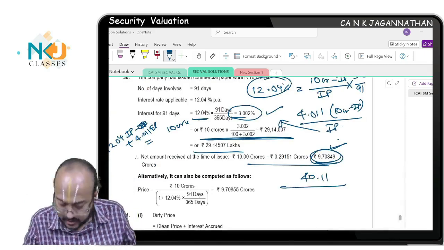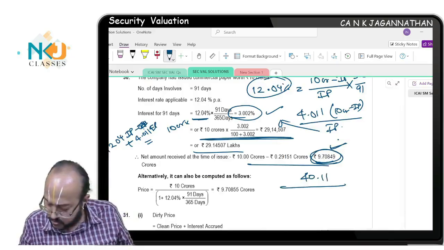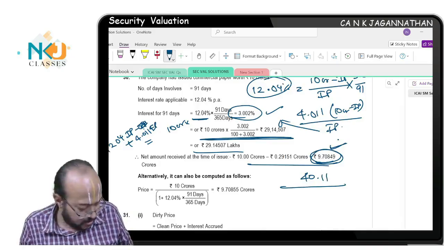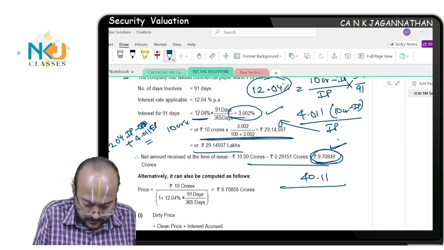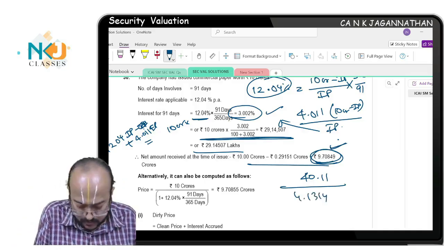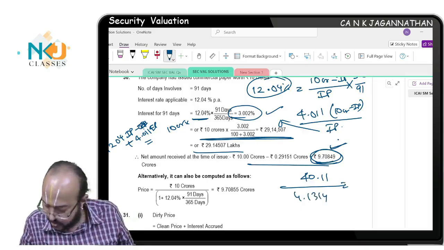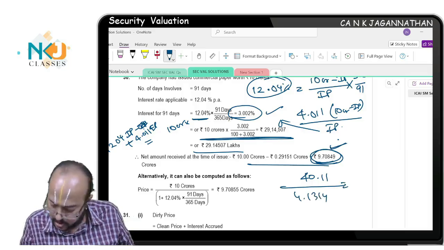Divided by 0.1204 plus 4.011, which is 4.1314. How much is the number? 40.11 divided by 4.1314.